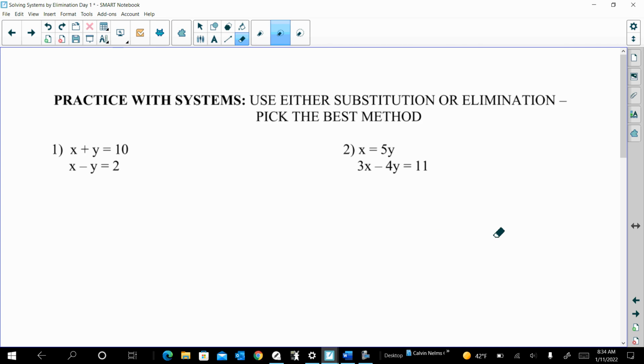All right, practice with systems. Use either substitution, so if you use substitution, put an S, or elimination, put an E for what you think is the best method. When can you use substitution? When there's opposite. No, that's elimination.